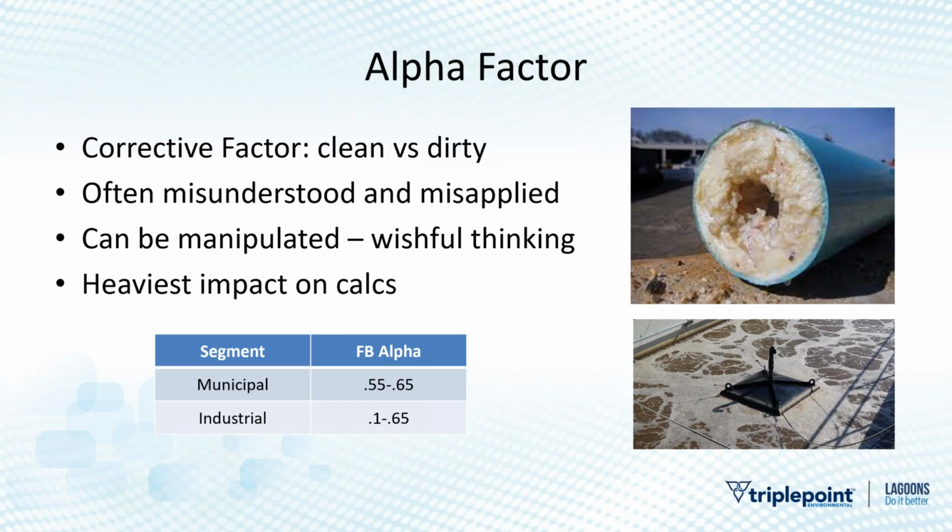So it's important to do some research on your specific water with that type of technology and ask, is this a realistic alpha factor? If you don't know, or you're an industrial plant and there's only one of you and there's no industry standard knowledge around that, you can actually test this in the field. This is what we call off-gas testing, where you put a hood over the aeration equipment.